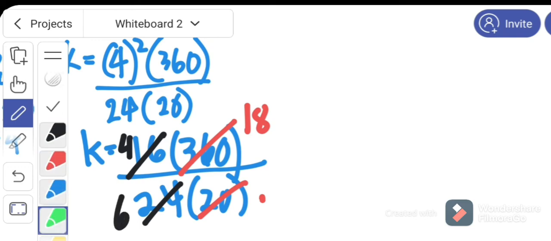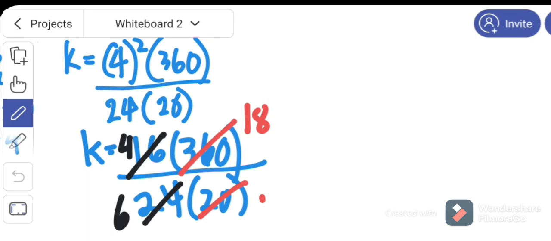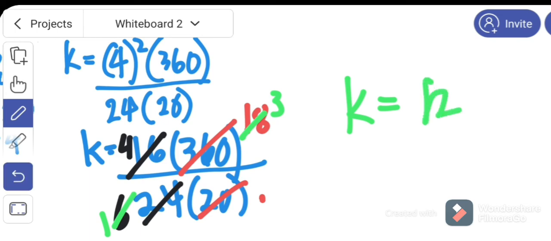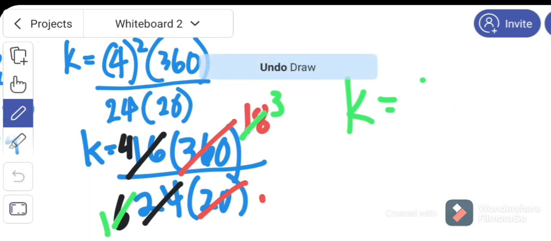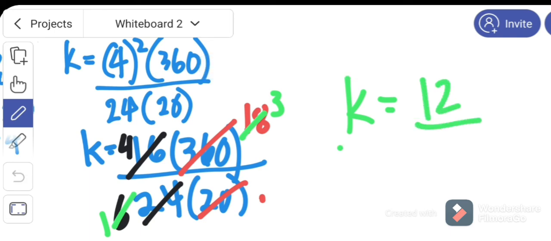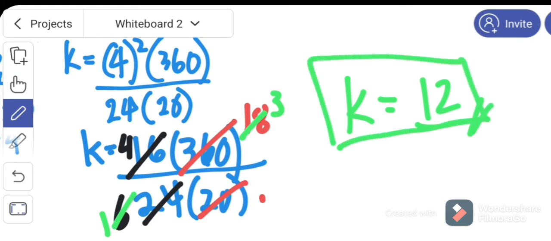Then finally, 18 can be divided by 6, so this is 1 and this will be 3. Now, what do we have for k? In the numerator, we have 4 times 3 is 12, and in the denominator, we have 1. So the answer is k is equal to 12.